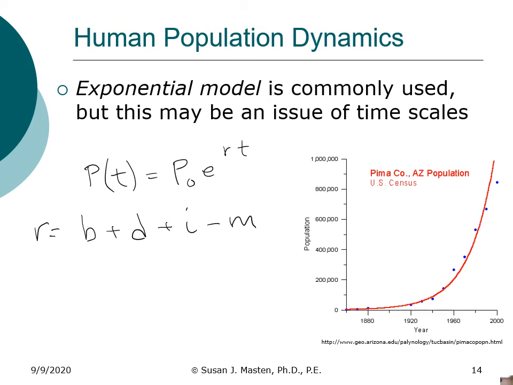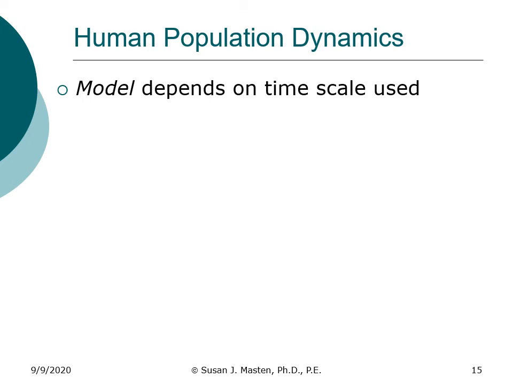And this is the population for Pima, Arizona. It looks like an exponential plot. However, if we only used the most recent data, it looks linear. So it's really important to think of the time. In this case, let's look at the population of a number of cities over different time scales.